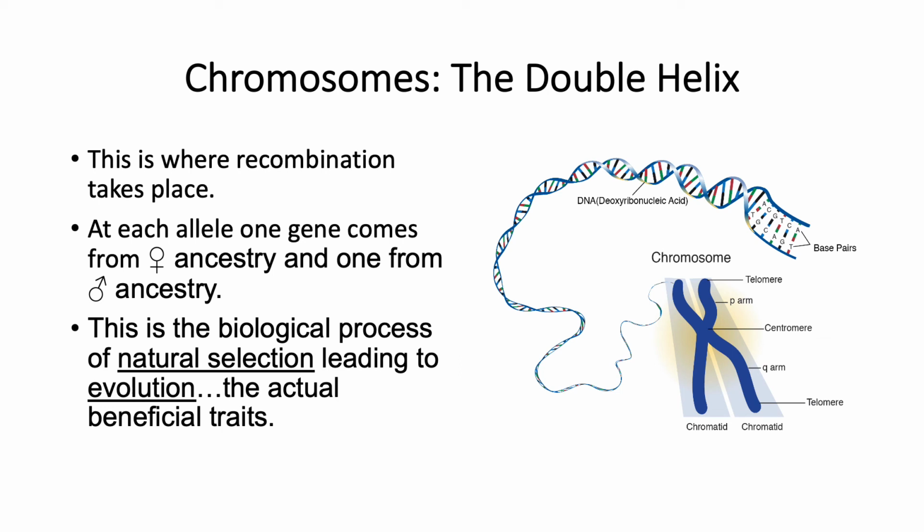So you can see that the chromosomes at one stage are bound together by a centromere, and then they go through regular cell division.